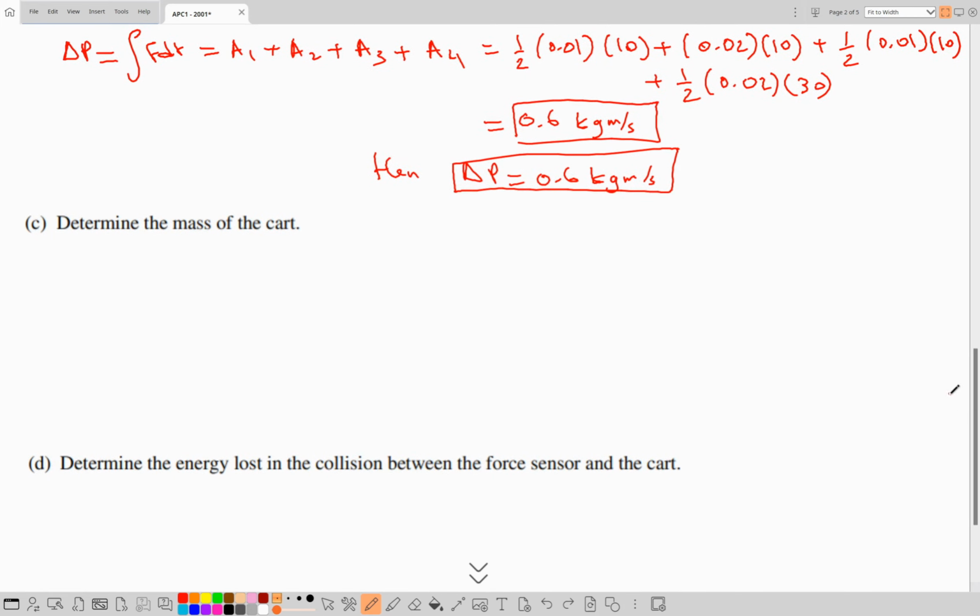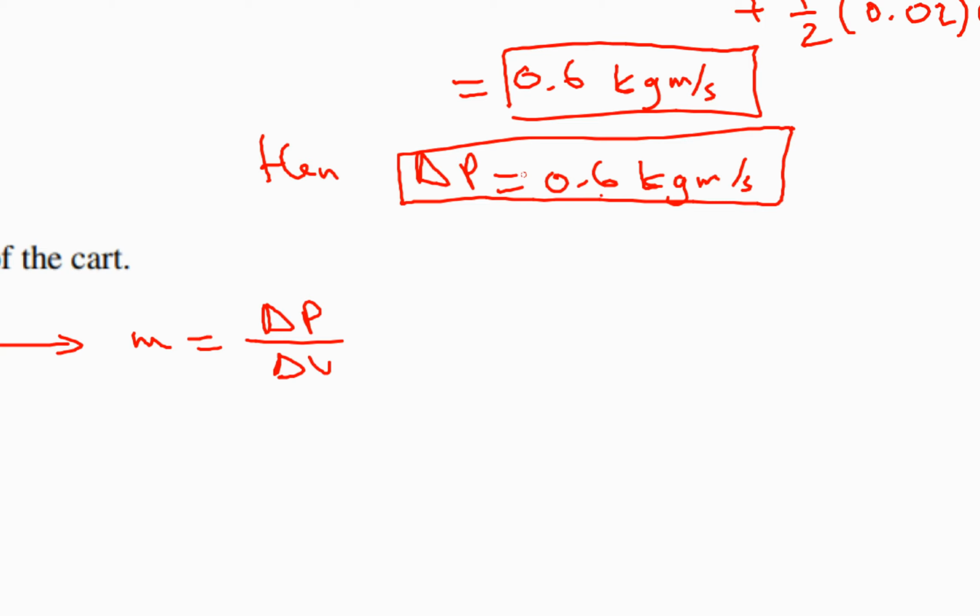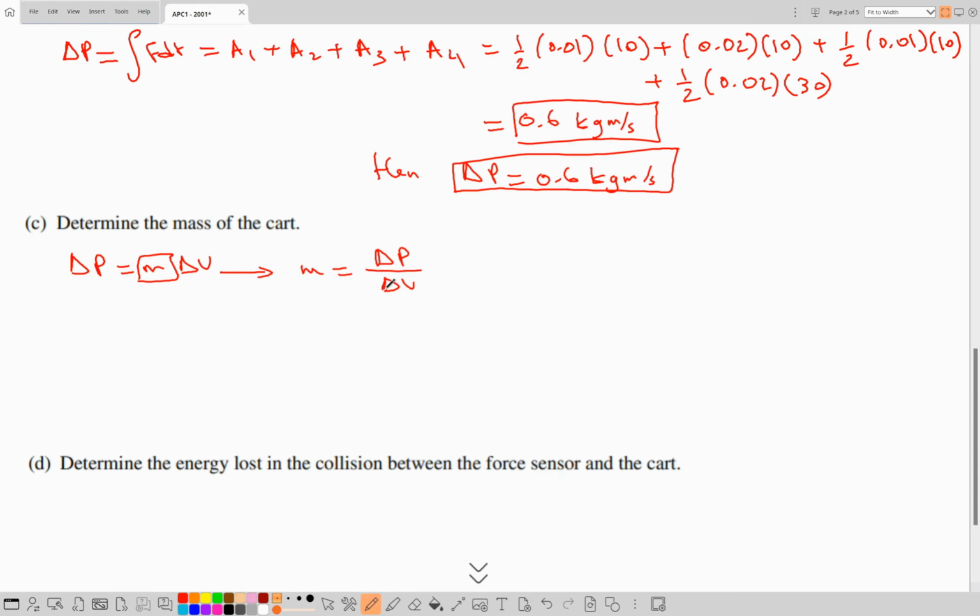Now they're asking us to determine the mass of the cart. We know that the change in momentum is given by m delta v, and we're interested in determining m. So m would be given by delta p over delta v. But remember that this is the magnitude, which is positive, so let's consider the magnitude of the change in velocity delta v. I will put here the absolute value.